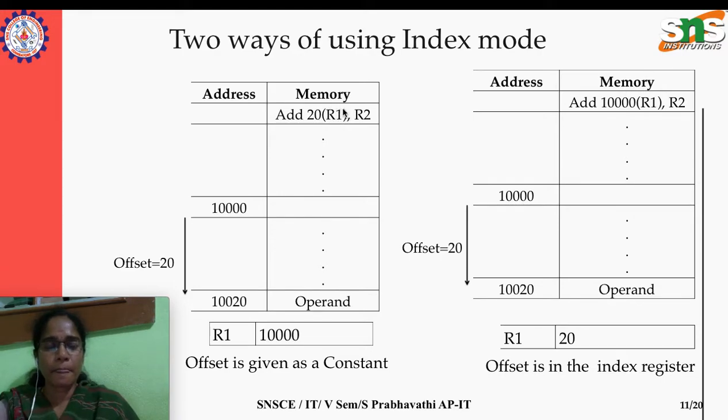Here 20 is the offset. So the effective address is 20 plus R1. R1 holds the value 10,000, so 20 plus 10,000 is 10,020. The operand value resides in this location. Fetch that operand value and add it to R2. This is one way.